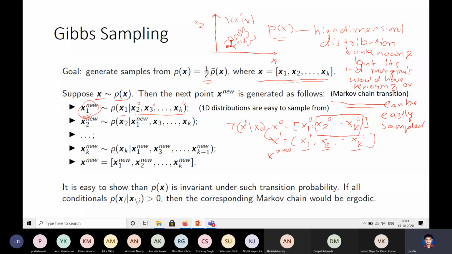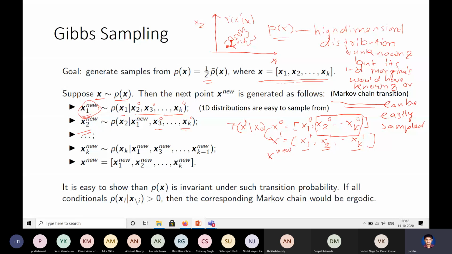In order to generate x2 new, I fix x3 to xk at the old values that I have chosen in the previous iteration, and the x1 that I generated in the previous step I use as a constant. Note that the right part of these conditionals is constant.